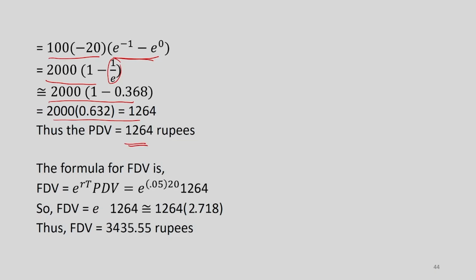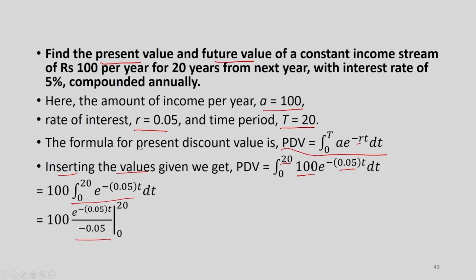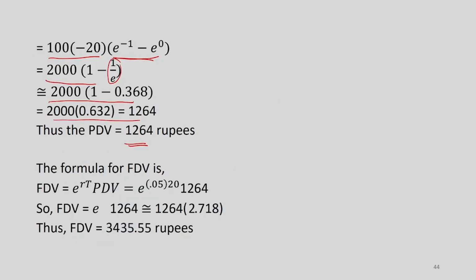All right. Now, we also have to find out the future value, right, not only the present value, but also the future value. What do we do to get the future value? I multiply the PDV, that is the present discounted value, with e to the power RT, right.